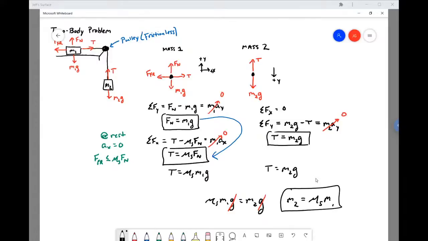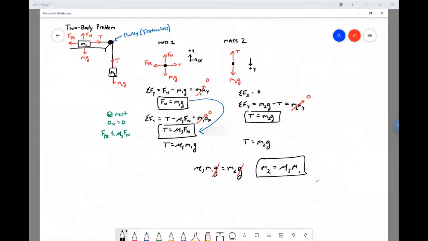So let's then look at the situation. How do the equations change if the system is accelerating? Here let's use actual numbers for this case.